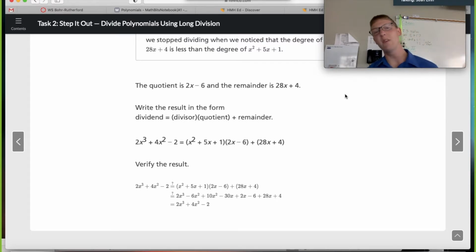So you can always verify your answer, and that is just multiply this all the way out and make sure that you get this right there. So this is what they do right here, is they multiply everything out, and they do in fact get the same equation on both sides, therefore it is equal. So not terrible, right?